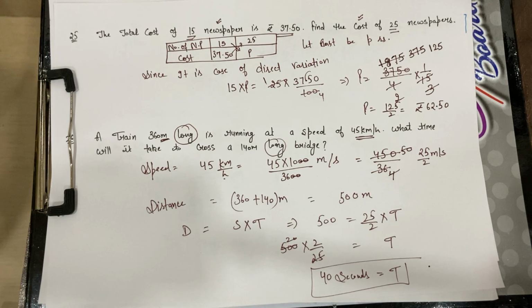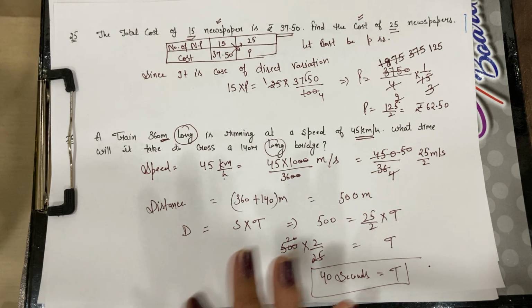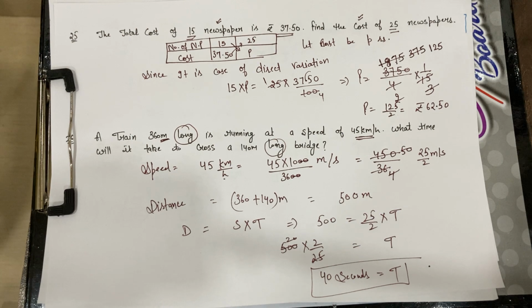It will take 40 seconds. So the concept of train is this. In this way, you can solve all the questions related to train, which are there in the third worksheet, which is a mixture of direct and inverse variation. This way is far easier than other ways.